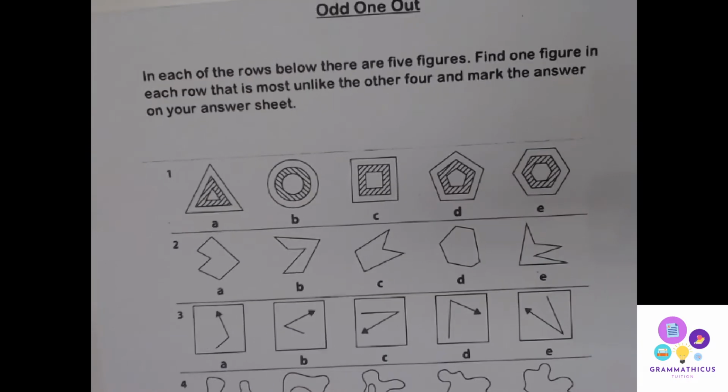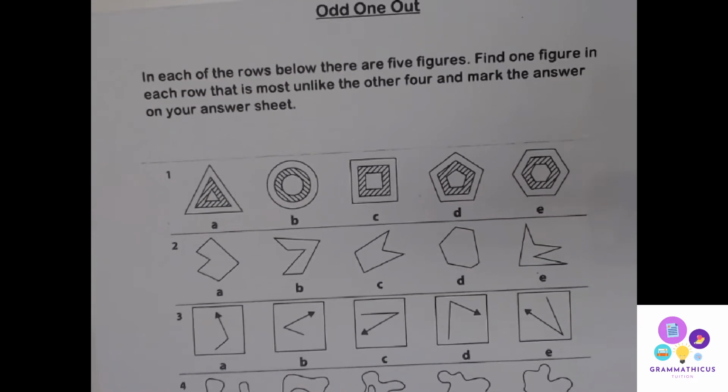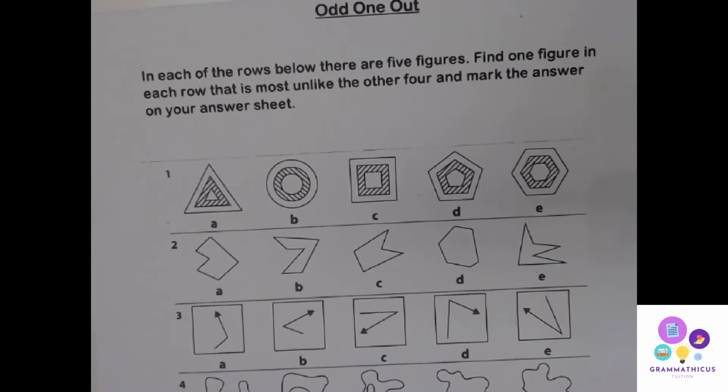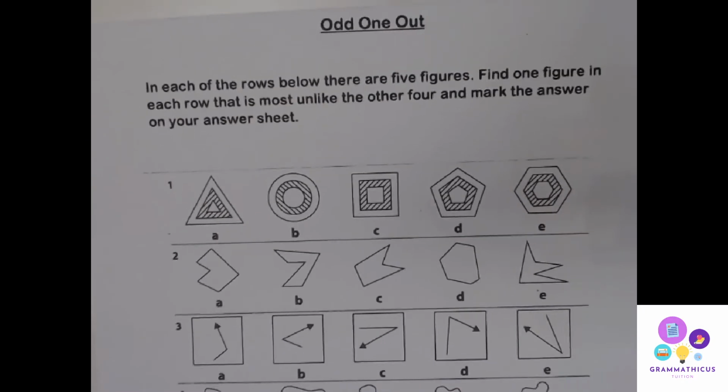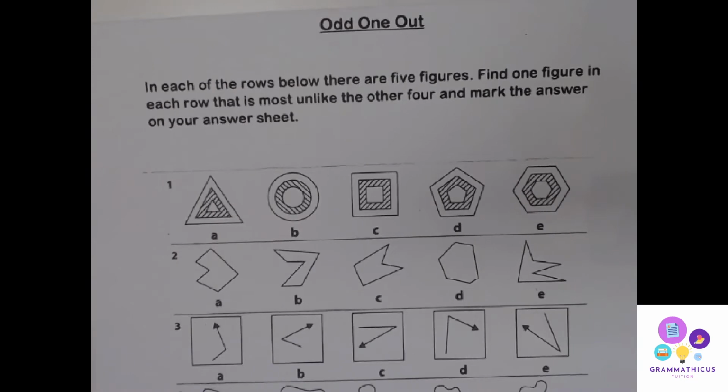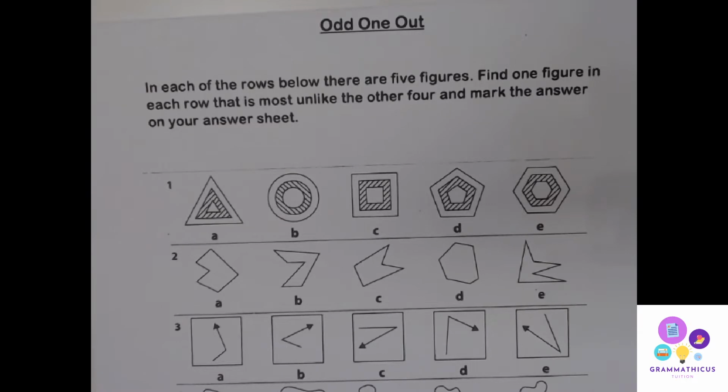Now, when we're trying to spot differences, it's important that we think about all of the patterns that we've learnt during our 11 plus journey. So we need to be thinking about things like shape, things like counting sides. If we've got arrows, the direction things are pointing. We might be looking at layering, rotation and reflection.